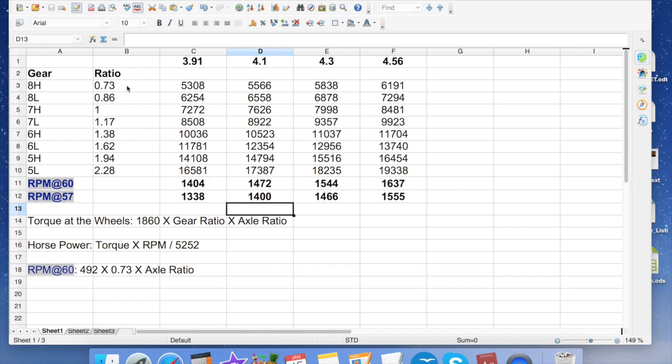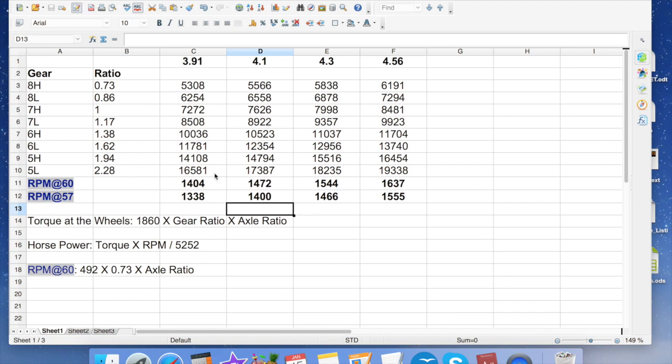And so you have to shift gears in order to compensate for that. On a couple of big hills, I had to go all the way down to 5 low, which means that that particular hill required this much torque, all the way to 5 low.